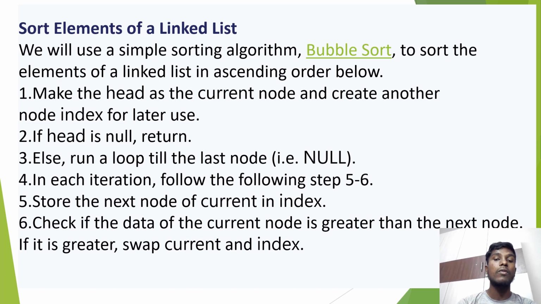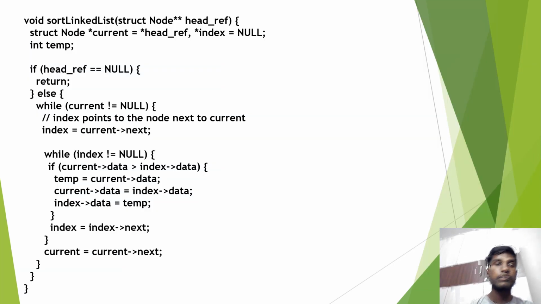Store the next node of current in index. Check if the data of the current node is greater than the next node. If it is greater, swap current and index. So this is about sorting the linked list after deletion, insertion and traverse. We will sort the linked list with this code.